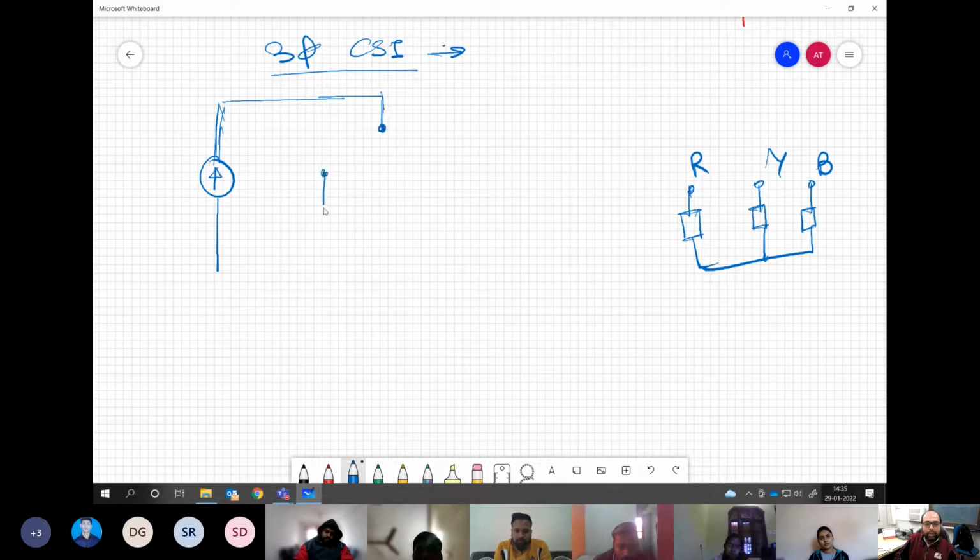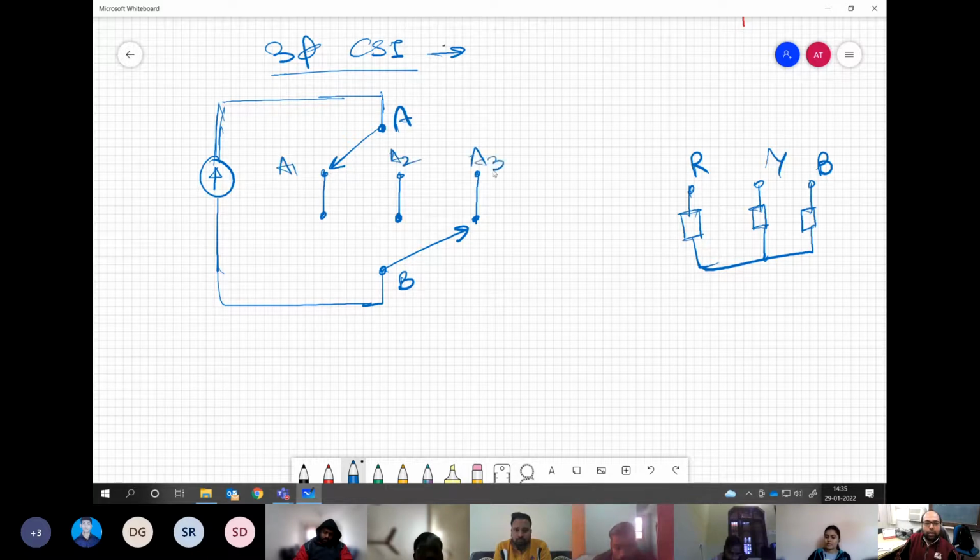So these three options will connect to the three terminals of the load. Say this is again A and B, and the options are A1, A2, A3 and B1, B2, B3. This is what we are connecting to R, this is Y and this is B.